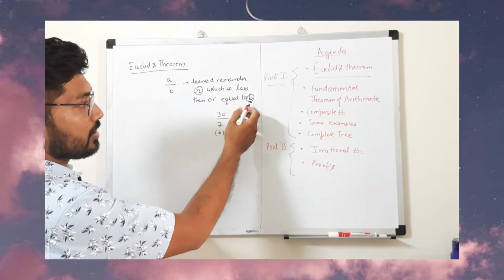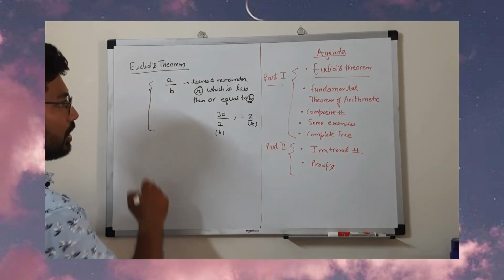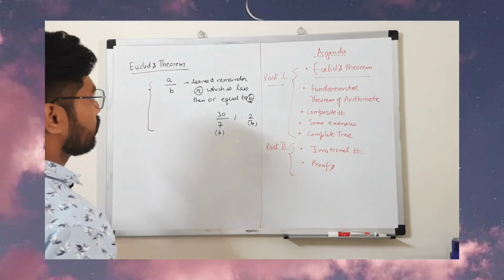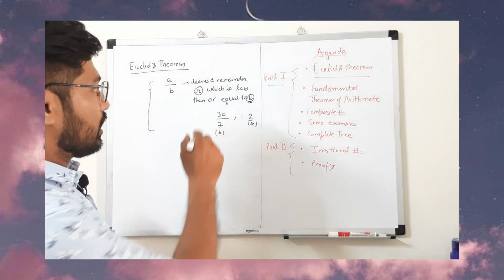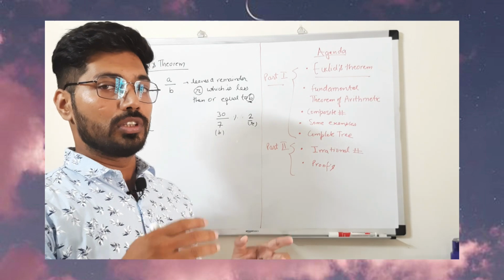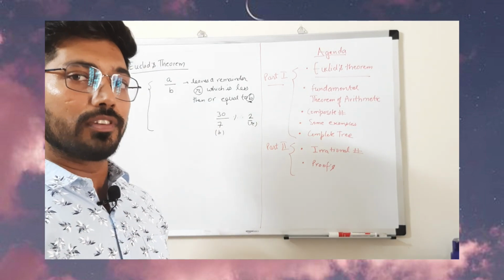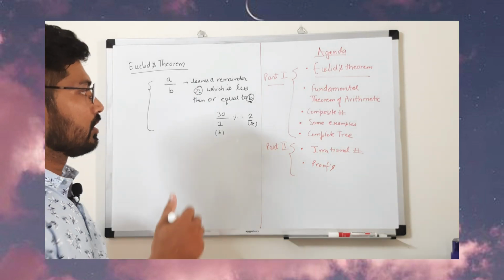If it is 0, then it is completely divisible. So this is the Euclid theorem: when integer a is divided by integer b, it always leaves a remainder r which is less than b.